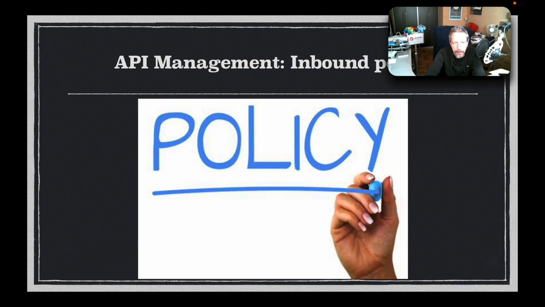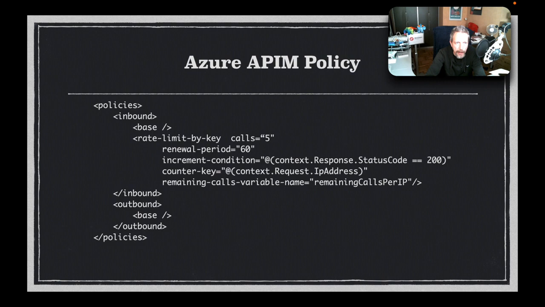For API management in Azure, it's what we call an inbound policy. The policy itself is something that you just add in the API management, and you don't need to change any of the code that you have created. So I provide an inbound based policy. It's just one line. I limit by key, and the key in this case is the IP address.